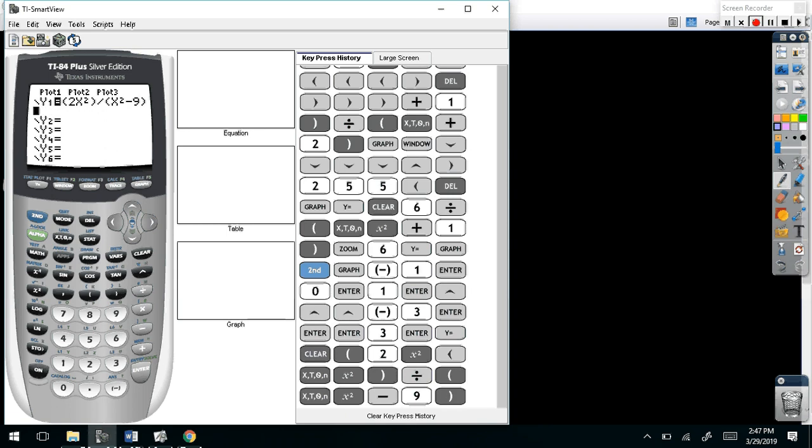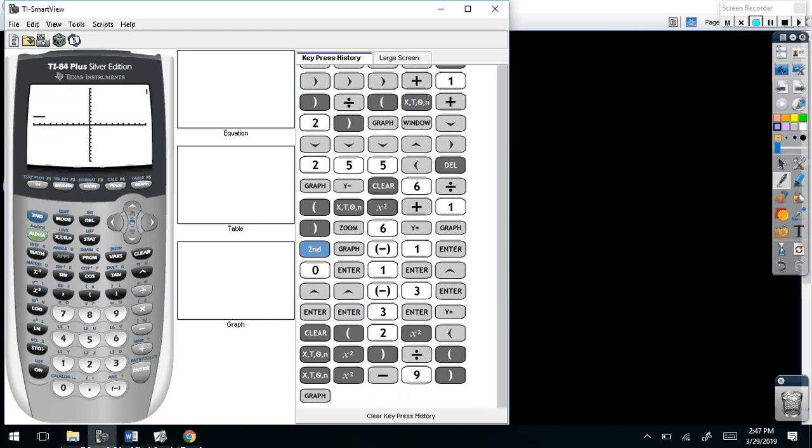I would, to make sure. Some of you, your calculator will actually graph the asymptotes, and so it may have a little line between here and here.